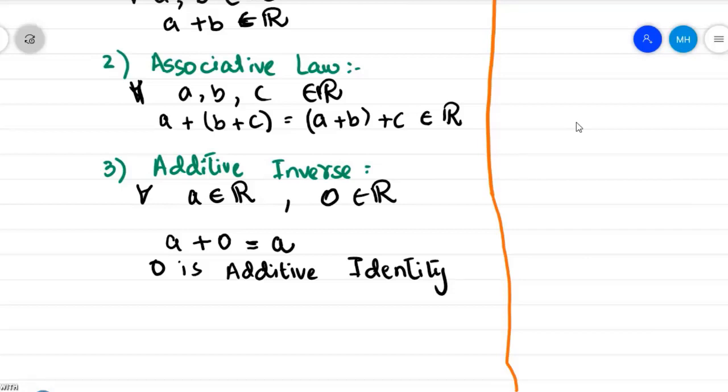So here we have additive identity. Now we have the fourth property, the additive inverse.